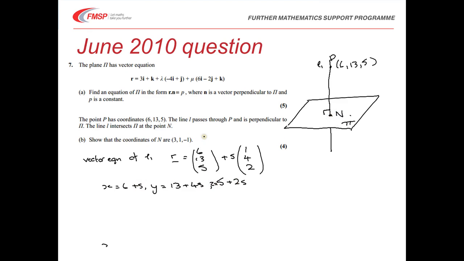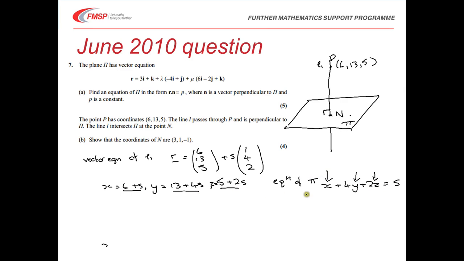So this is when that actually is on that plane. So remember, the equation of pi, this plane that we got in the first part as well, was x plus 4y plus 2z equals 5. So all I need to do is substitute these expressions for x, y and z here, here and here, and that will give me an equation from which I can work out s.